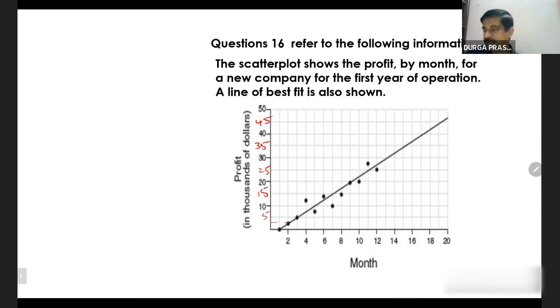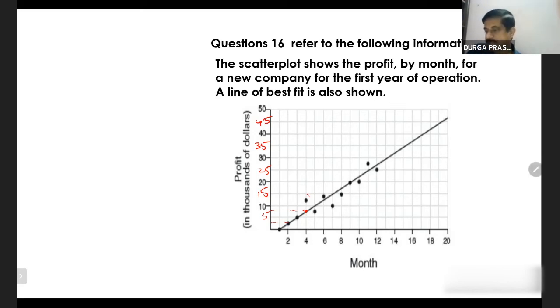So first month it is 0, second month it is 2.5, third month 5, fourth month something. Okay, that is a separate thing, but this is the predicted value, so 5.5 like that. So this is the basic information we have.